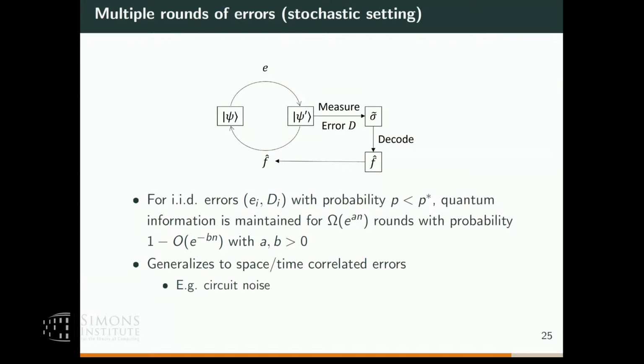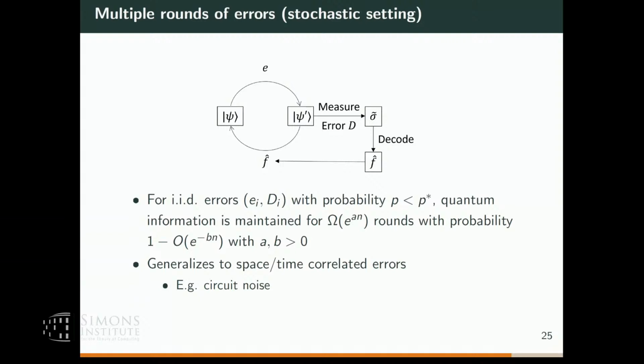One can also generalize this kind of result, where you don't necessarily have IID errors, but there could be some space or time correlation. The only requirement is that at every single round, the marginal probability of having a very large error at that round is small. Right? This is a condition that you're going to need, or else you just have one round that corrupts your entire data.